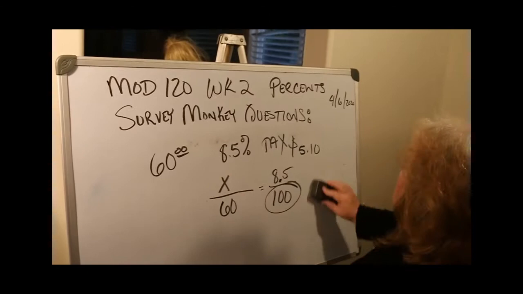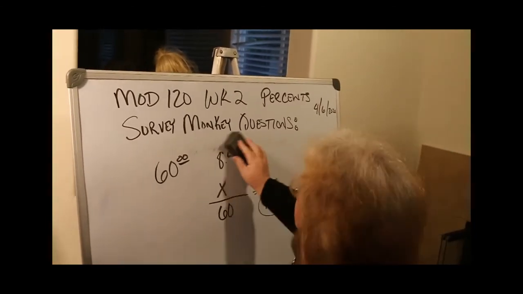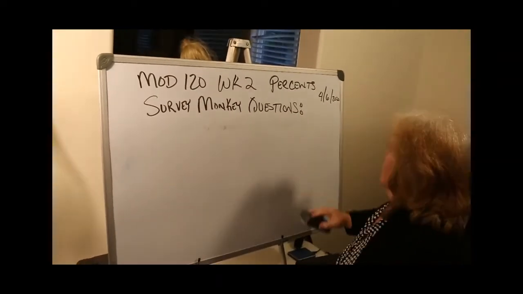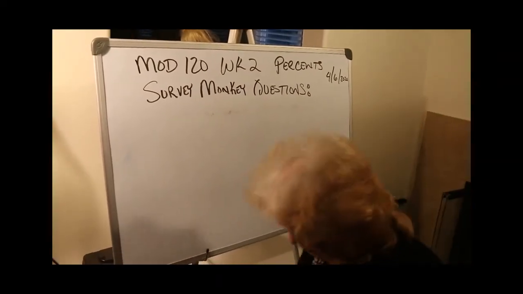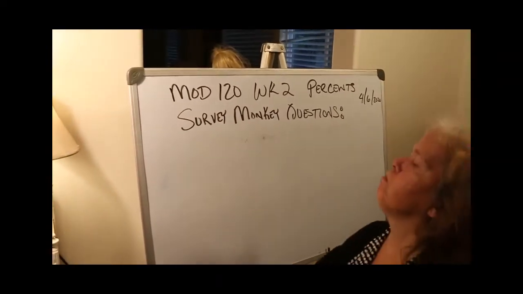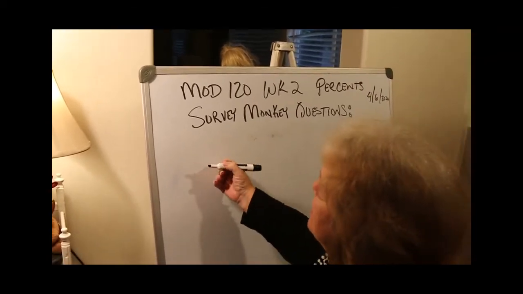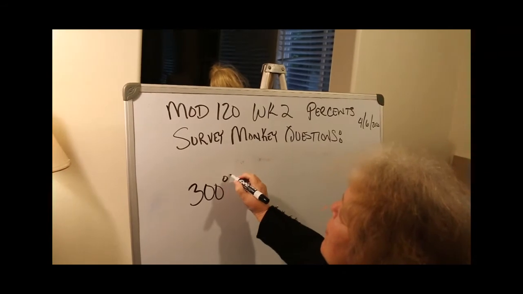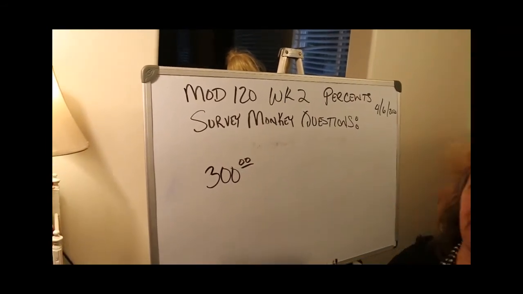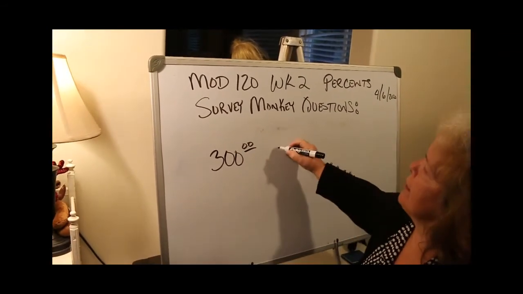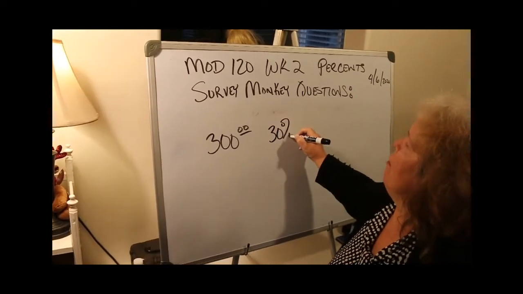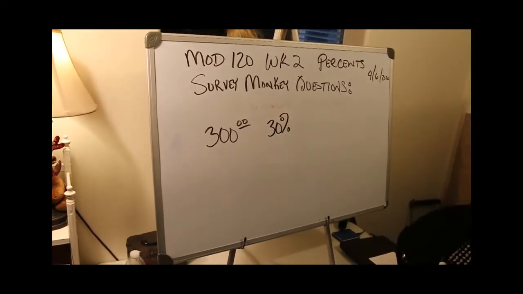Okay? Let's do another one. All right. Nancy has $300. She found out that $300 was 30% of what she should have received.